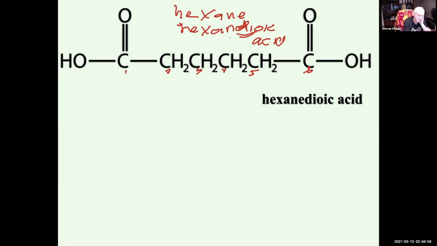It turns out where 2 consonants are together, they put the E back in to make it sound better, because it'd be hard to pronounce hexandioic acid. Because ND is a hard sound to make, but NED you can make. So hexanedioic acid, no substituents on top of that.